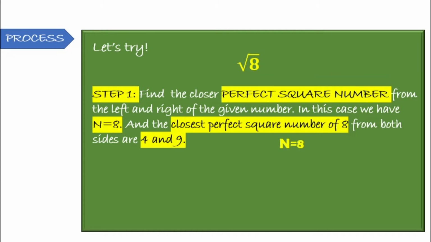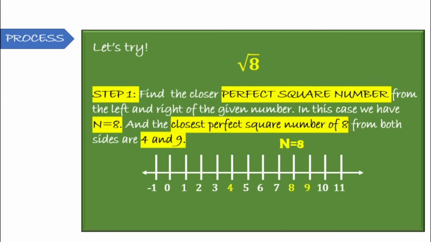Thus, n is equal to 8. And here is the number line where we will locate it. The closest perfect square numbers to n from both sides, from the left and to the right, are 4 and 9.